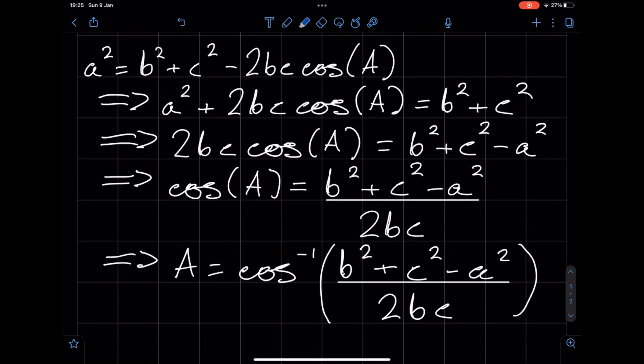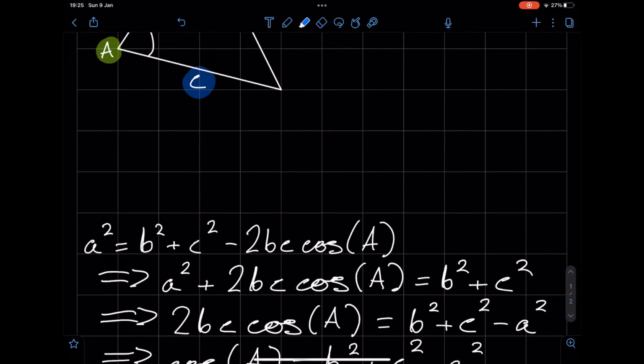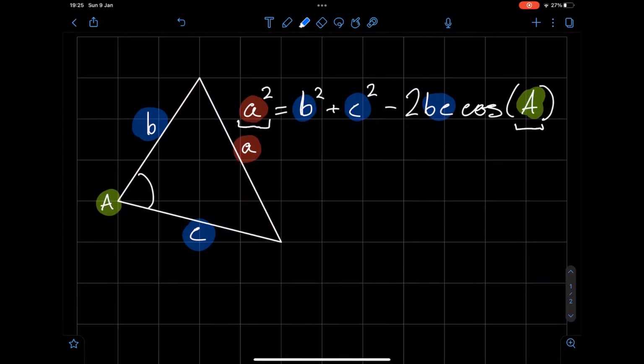So that's our rearranged formula. Now, one thing to notice is the setup of the formula. If we go back up to our triangle, it's really important that things are labelled the way they are here. This formula only works for finding A because a is the side that's opposite the angle in the formula. B and C are either side of this. So what that means is you can use the cosine rule when you have two sides and then the angle in between those two sides.